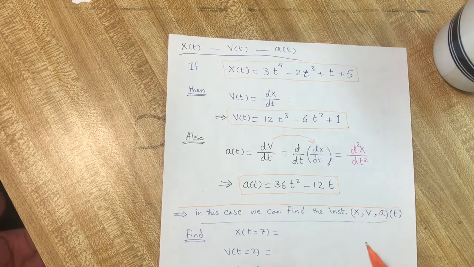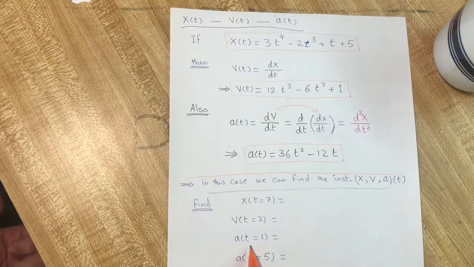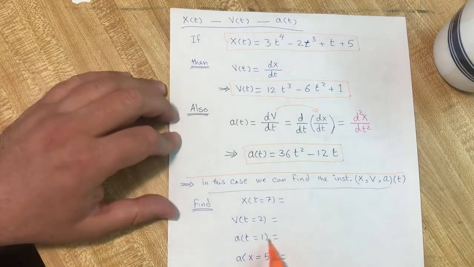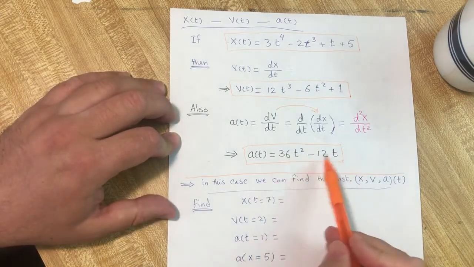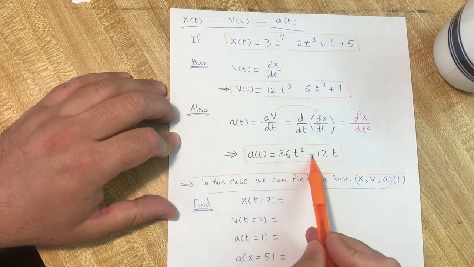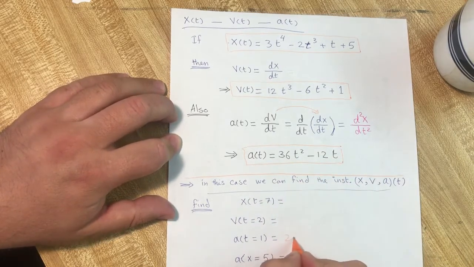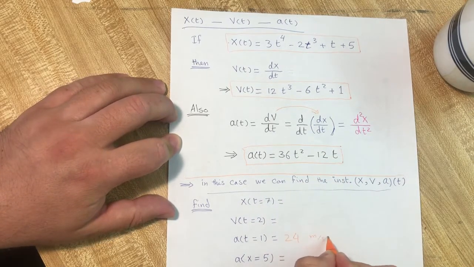In this case, we can find any instantaneous position or velocity or acceleration as a function of time, at any time. We can find x at a given t, or v at a given t. We find the acceleration at t equal to 1. It is easy. Just put 1 in place of t: 36 multiplied by 1 squared minus 12 multiplied by 1, it will be 24 meter per squared second.